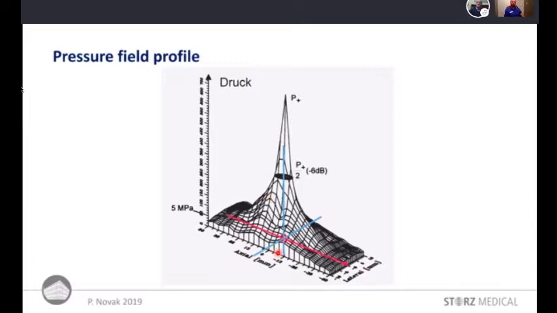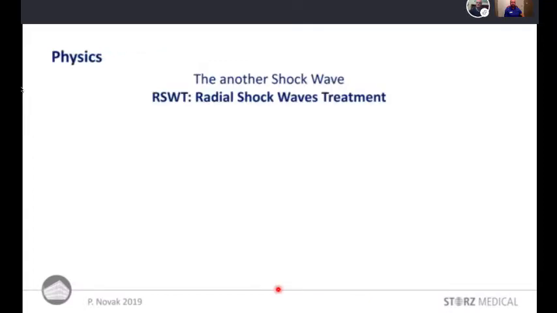Or if you would like to know the energy in the 5 megapascal area, it's of course a much larger circle, and the energy in this larger circle is accordingly higher compared to the energy in the small one. So it depends on which question you're asking.